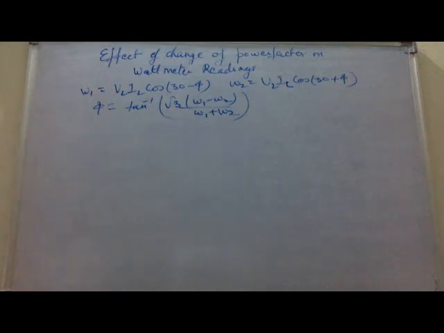These things we have already seen in the two wattmeter method of measurement of power in three phase. Now we want to see the effect of change of power factor.